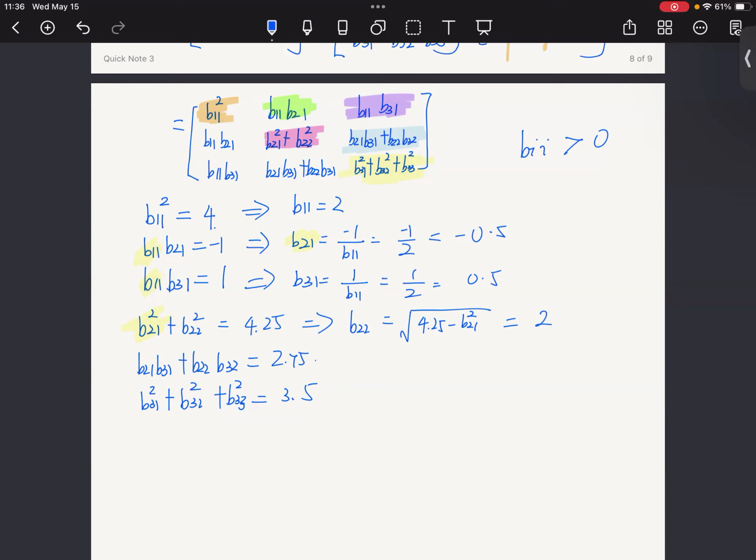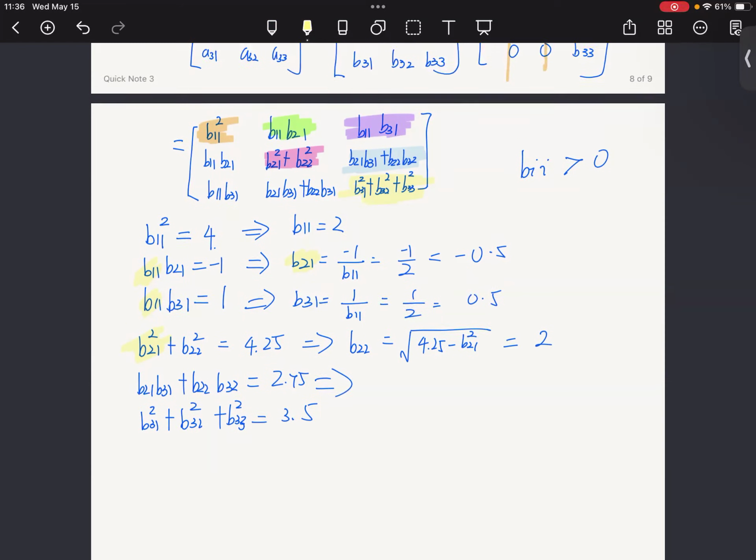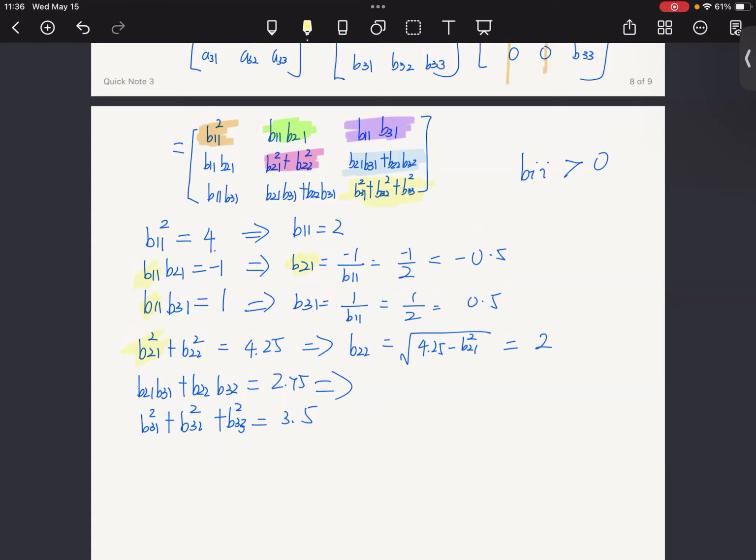And if you take a look at the fifth equation, we are going to solve for the B32. If we solve this first equation, we solve for B11. This is B21, and this is the B31. This is the corresponding position.